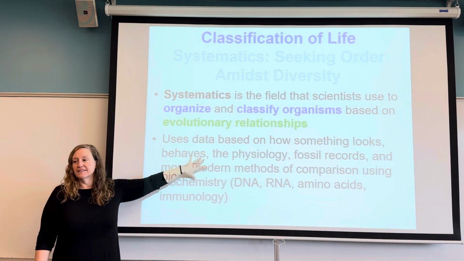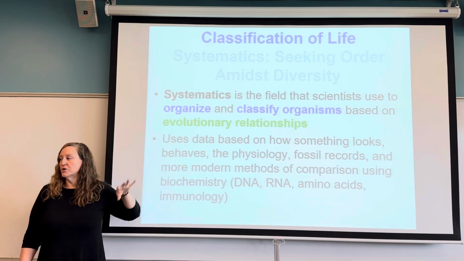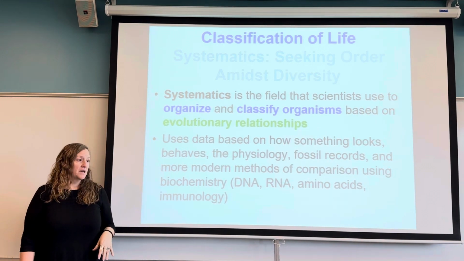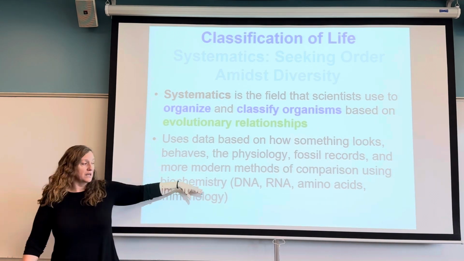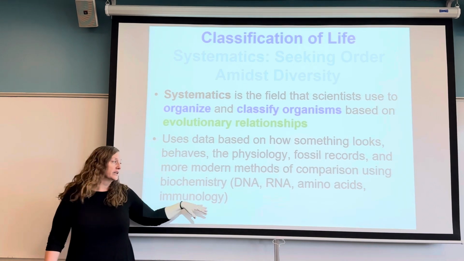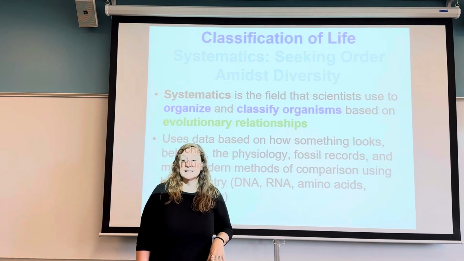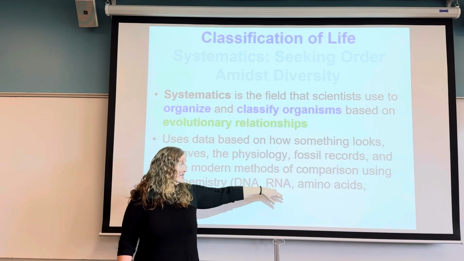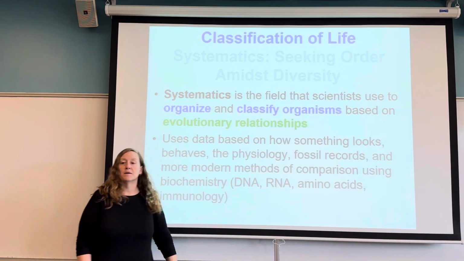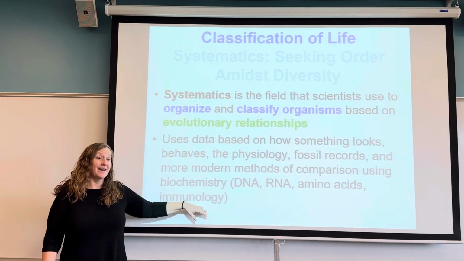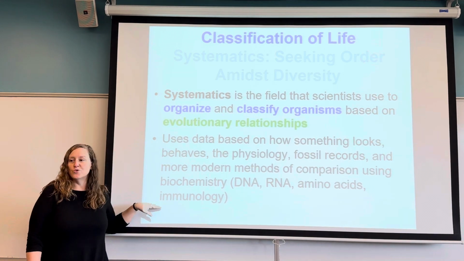Kind of the first things here were how they originally started to classify organisms, and then eventually with being able to use molecular biology and looking specifically at DNA sequences or RNA sequences or the amino acids that make up proteins. Even now, this is a huge field.